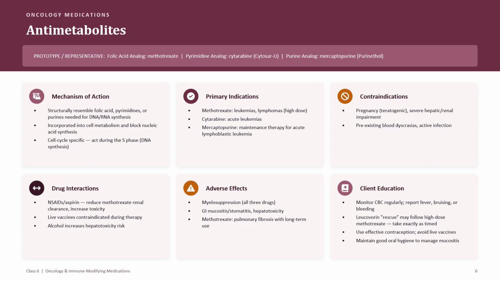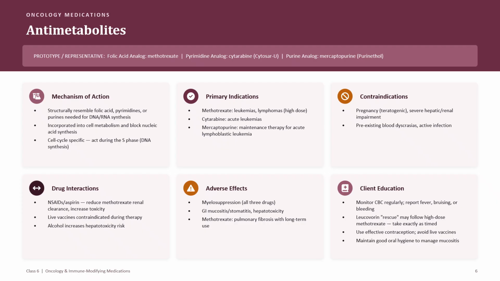Teratogenic means that it's toxic to a fetus, the baby growing inside the mom's belly. If you have a teratogenic medication, are you going to prescribe this to a patient who is pregnant? Probably not. We are not trying to do any harm to the baby growing inside of the mom. So this class of medications is not prescribed to pregnant moms.